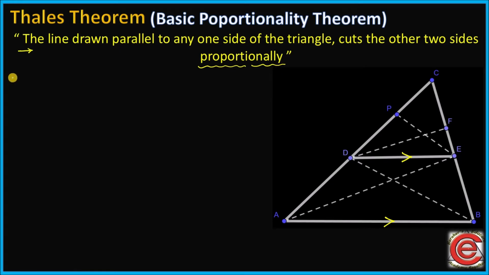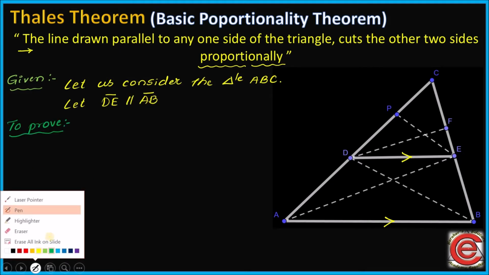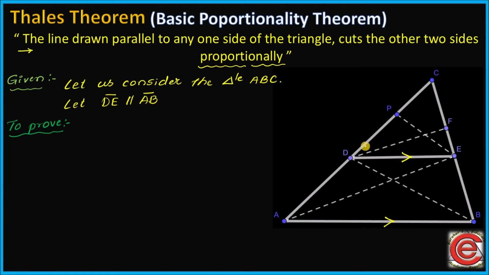Here the very first step is regarding the given data. Let us consider the triangle ABC. Let DE be parallel to the side AB. We need to prove that DE cuts the other two sides proportionally. If it cuts the other two sides proportionally, the meaning of that is, whatever parts are obtained, the ratio of those parts will be equal.